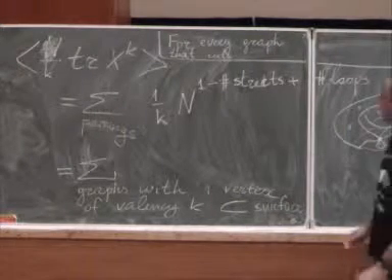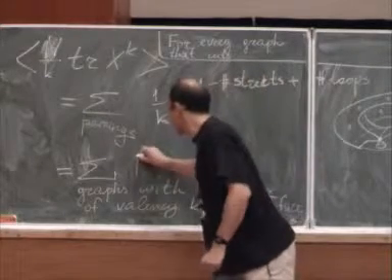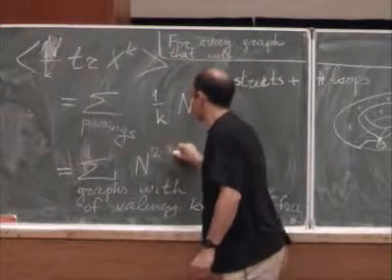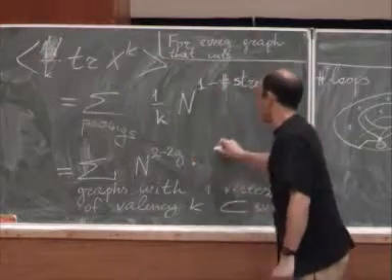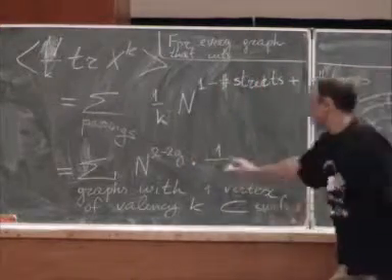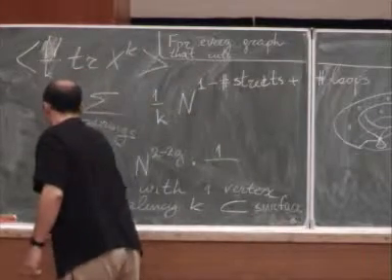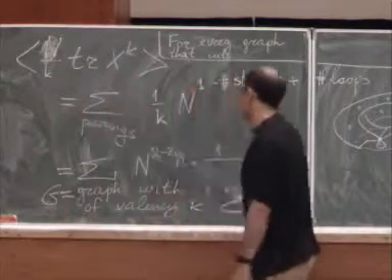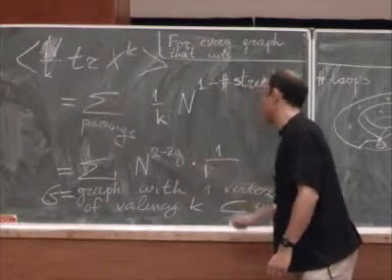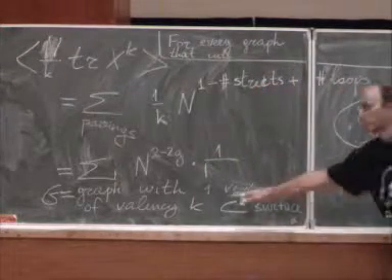It's longer to write what we're summing over than to write the sum itself. And the sum is just n to the power 2 minus 2G times 1 divided by the number of symmetries of the graph. Let me call the graph G, the embedded graph, embedded into a surface.